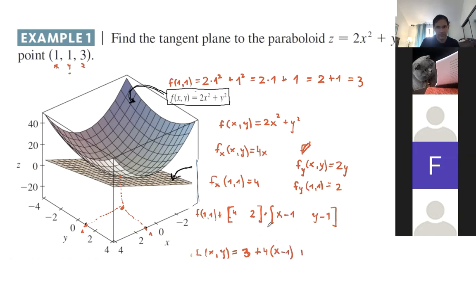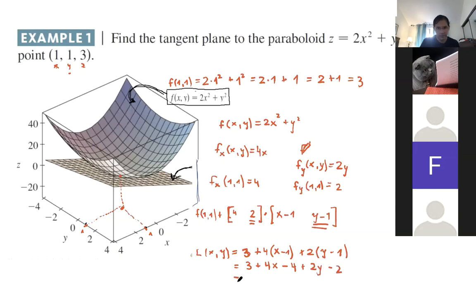And then plus 2 times y minus 1. Okay, and simplify this a little bit, and so that will give me 3 plus, let's say, 4x, and then 4 times negative 1, so negative 4, and then plus 2 times y, and negative 2.